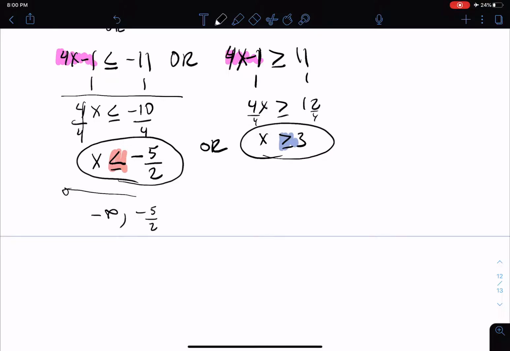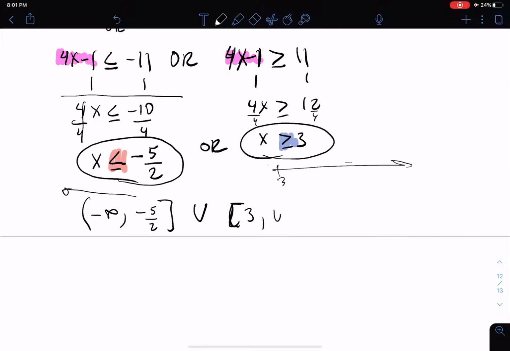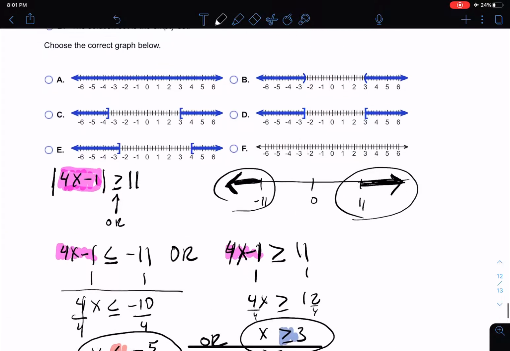This actually probably is easier to do when we're looking at a graph. This one says shade the x's that are greater than or equal to 3. Well, greater than or equal to 3, there's 3, right? So you're going to start at 3, equal to it, so it's got to be closed. Goes to positive infinity out here. So that's what that looks like in interval notation.